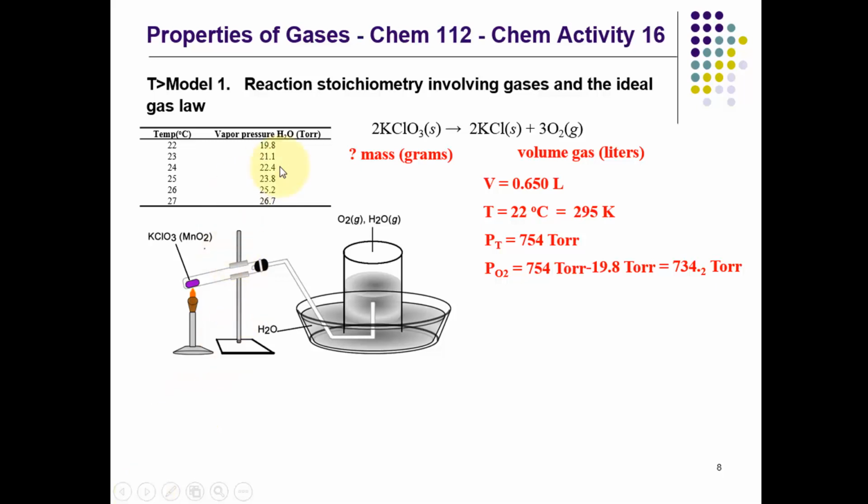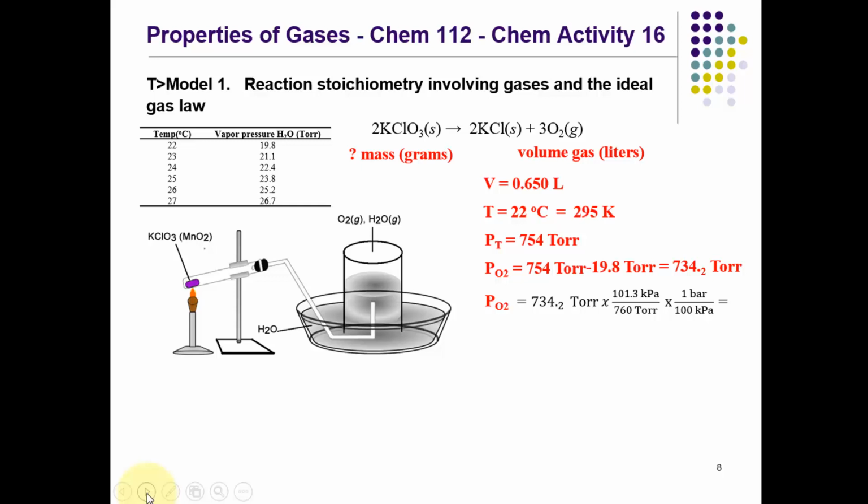This is a step that you will always need to take when you're collecting a gas by the displacement of water. Therefore, you'll either be given a table such as this, or you'll be given the actual vapor pressure at the defined temperature. Therefore, the pressure of oxygen gas, and what I'm showing you here is we'll need to convert that to bar. So the pressure of oxygen gas, starting with the 734.2 torr, we'll convert that to kilopascals, because of course there is the relationship of 101.3 kilopascals per 760 torr.